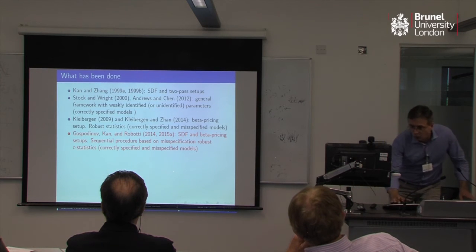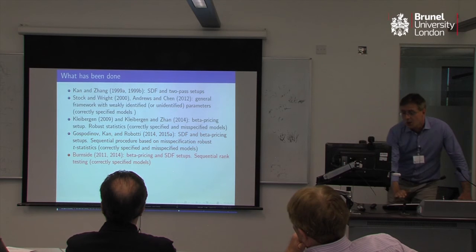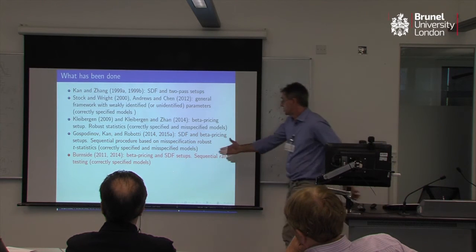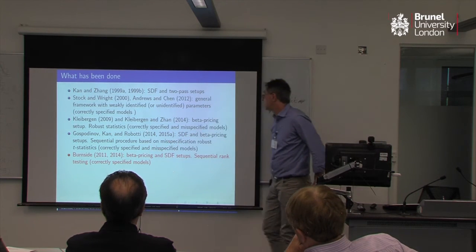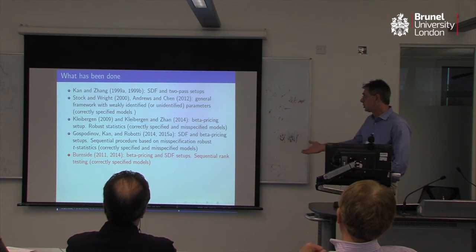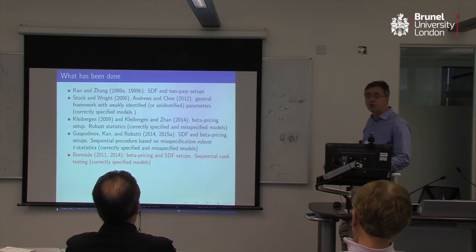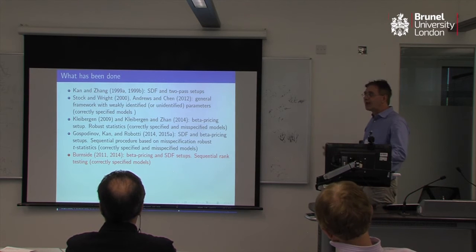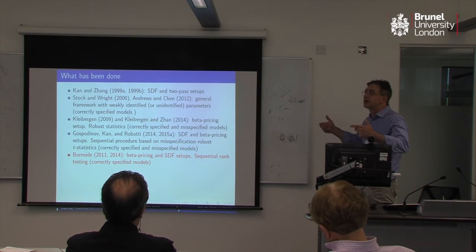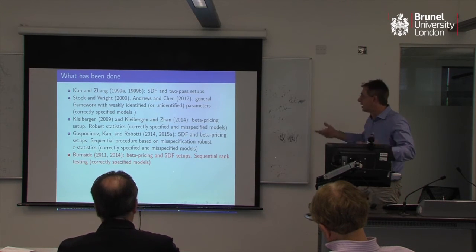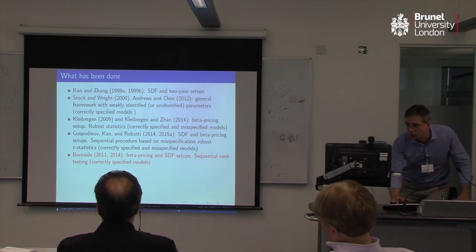And I will connect this to what Enrique is doing in his paper. Then we have two papers by Burnside, 2011 and 2014. And in the 2014 version, Burnside is proposing a sequential rank procedure to get rid of, in some sense, factors that cause identification failure. Okay, he has this new version.